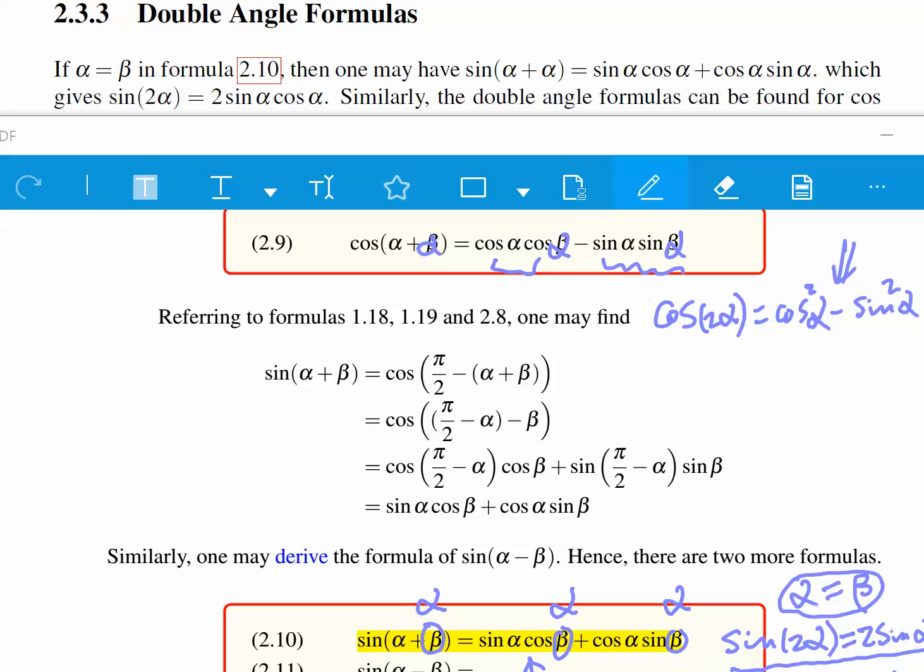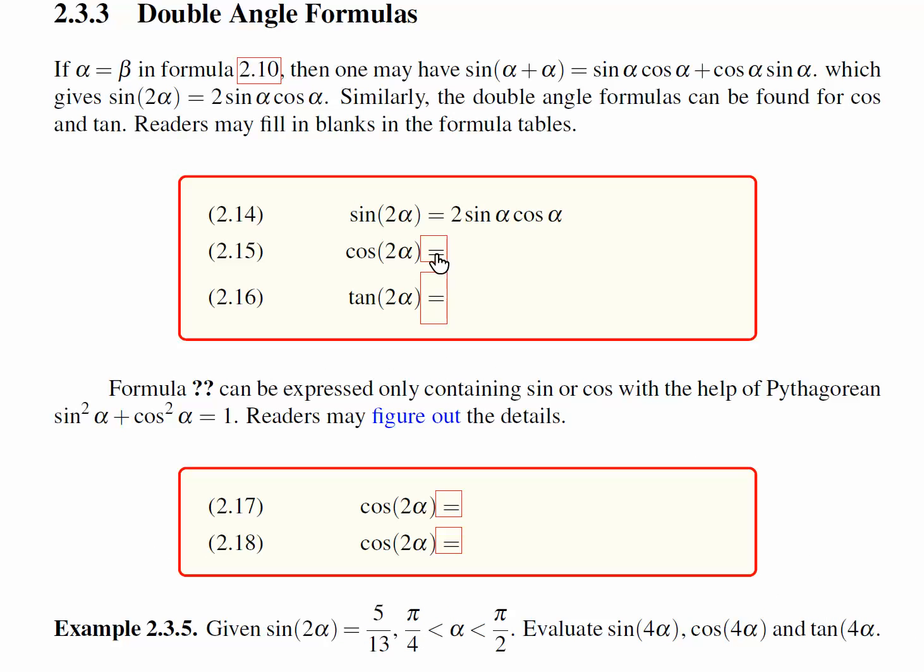Remember the sign here is negative. If it were plus, then cosine alpha squared plus sine alpha squared would be 1. That's the Pythagorean theorem. So the sign plays a very important role in the double angle formula. So we got this formula: cosine alpha squared minus sine alpha squared.